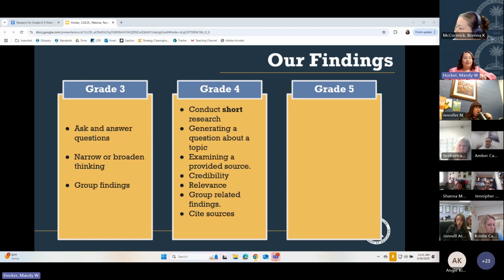So when you look at the research support document, while there are not indicator expectations for citing a source K through third grade, in the research support document, they do offer suggestions of how you might introduce that instructionally, very naturally in your instruction for K through 3.